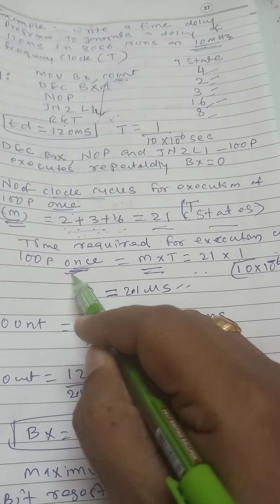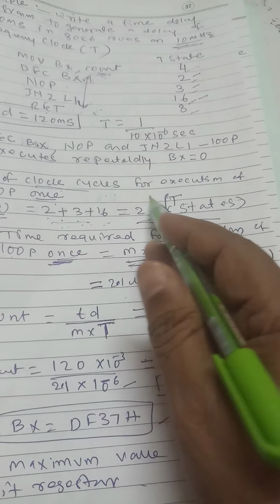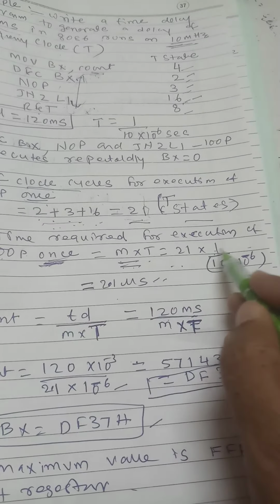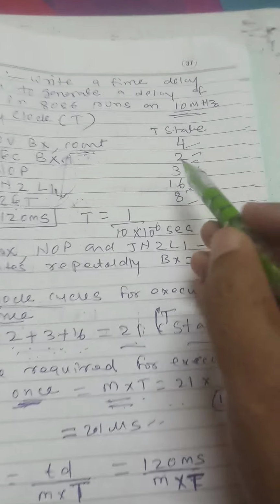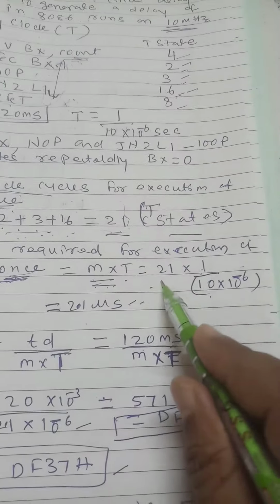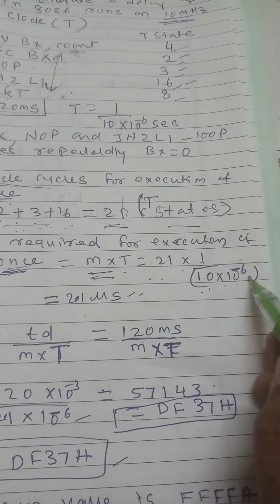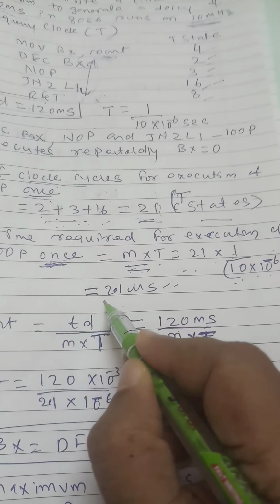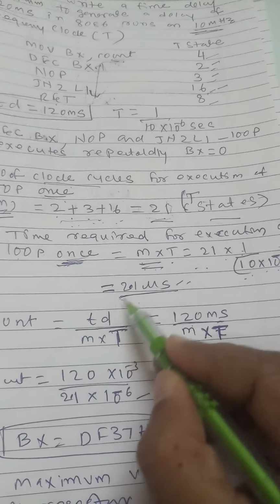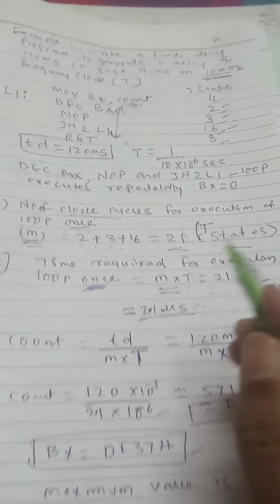We multiply m, the 21 total T states, by t. t is given by 1 by f, which we have already seen. Here the frequency is 10 megahertz. So 21 into 1 by 10 into 10 to the power of minus 6 gives 2.1 microseconds. This is the time required to complete one loop.